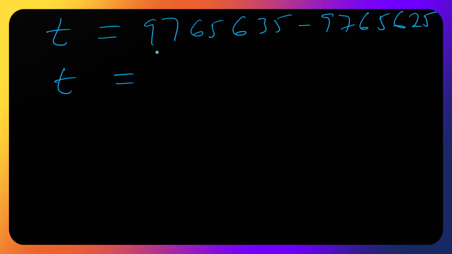When you subtract this, 9765635 minus 9765625, we have 35 and 25, so the difference is 10.